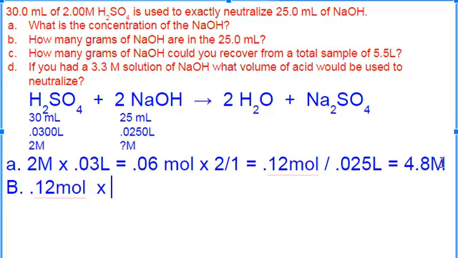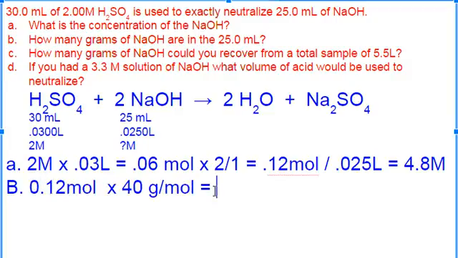I know that Na is 23, the O is 16, the H is around 1, so this is right about 40 grams per mole. So if I take my 0.12 times 40 grams per mole, I'll just stick a 0 here so those decimals aren't confusing, that gives me 4.8 grams of NaOH in the 25 milliliters.